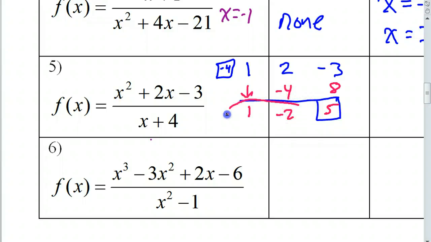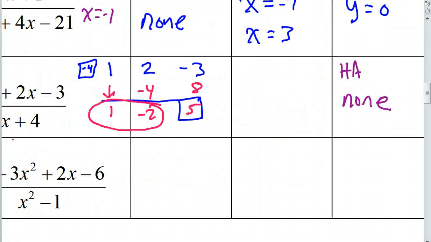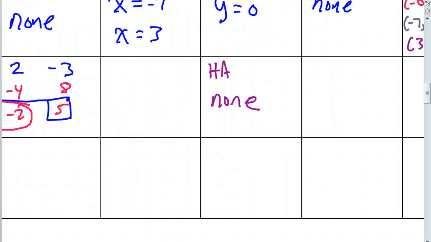So looking at the 1 and the negative 2, what is my slant asymptote? Y equals x minus 2.